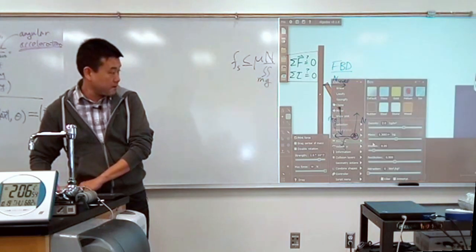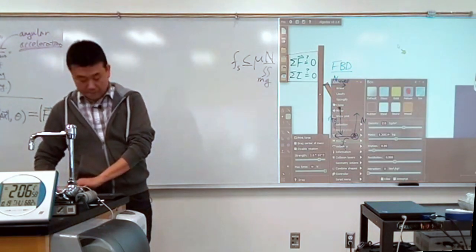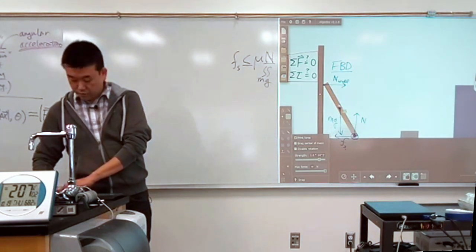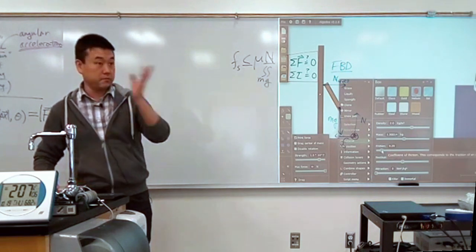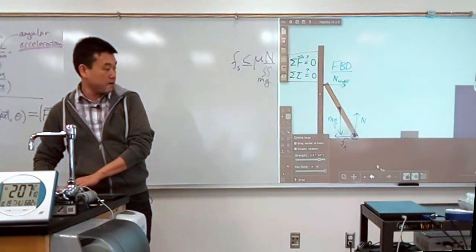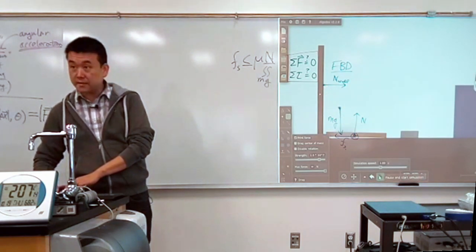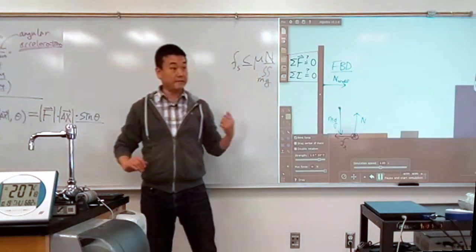It right now has friction of 0.2. Let's make it 0. Before I do that, let me pause the simulation. I'm going to make it so that friction is now 0, so it's frictionless between the ladder and the floor. And when I now run the simulation, it slides, because there's no friction, so it must slide.